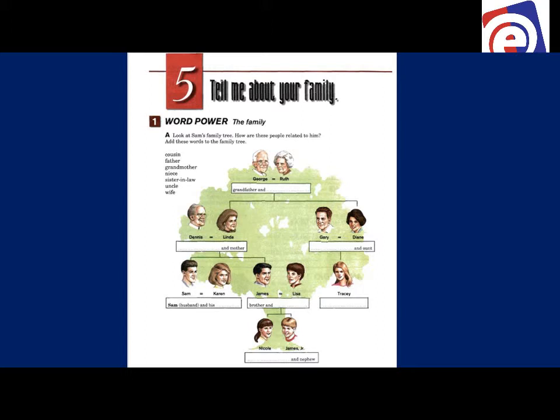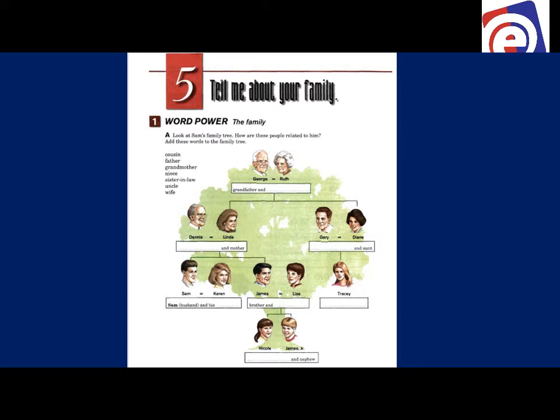Then we have Tracy. Tracy is a cousin. Tracy is the daughter of Gary and Diane. And then we have the son and daughter of James and Lisa, Nicole and James Jr. Niece and nephew.